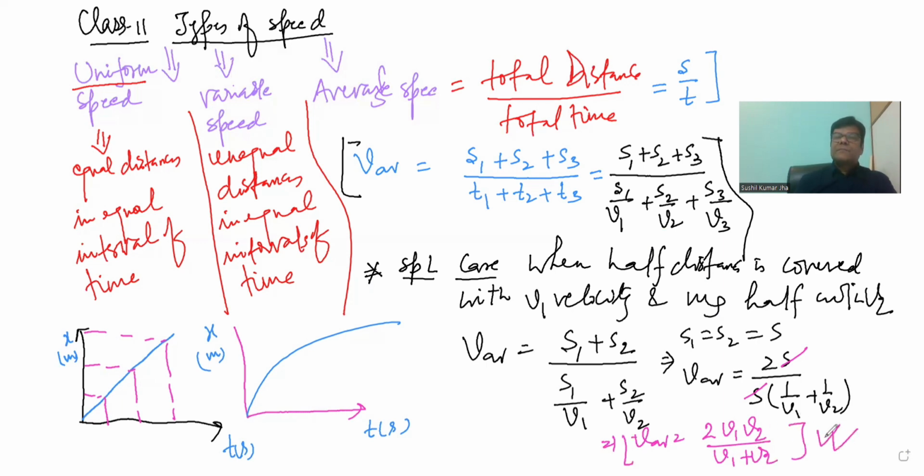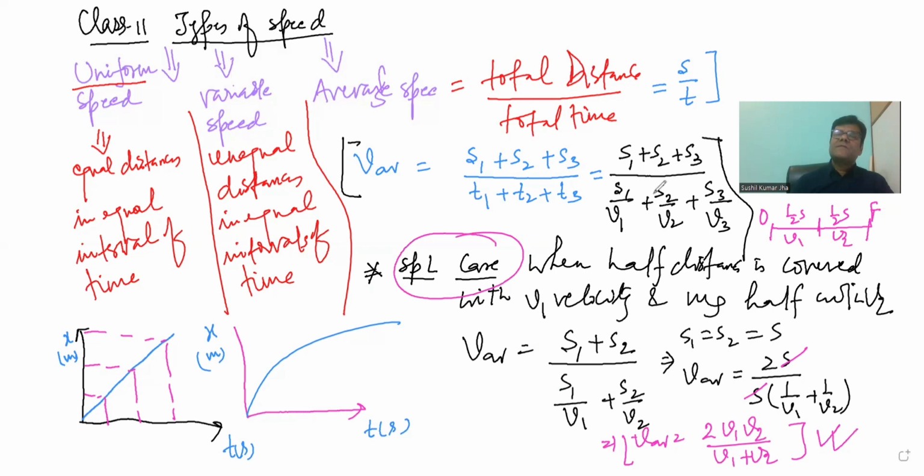Having said that, this is a special case when, if this is the distance from the starting origin to the final destination, the first half is covered with v1 and the next half with v2, exactly half, then this formula is applicable: v average is 2 v1 v2 divided by v1 plus v2.